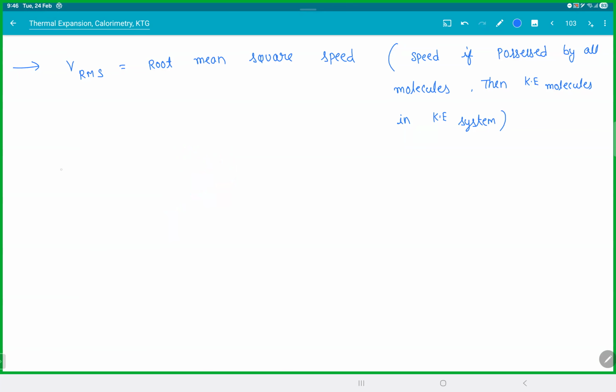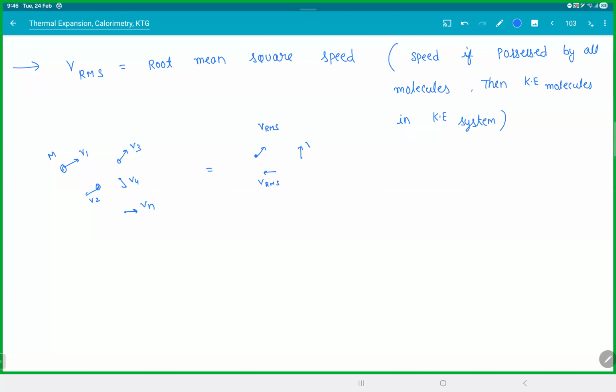So how do we get that? Let's say we have molecules of mass m going with V1, going with V2, going with V3, going with V4, and so on till Vn. What you're trying to do is replace this with all molecules going with the same speed Vrms.